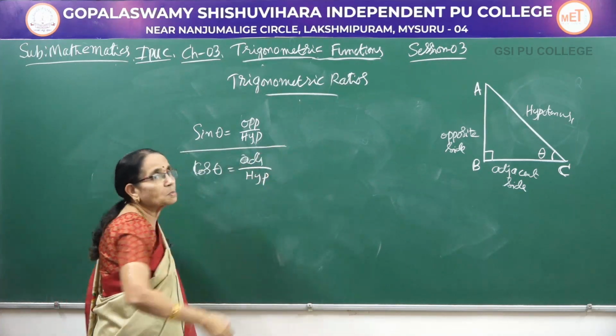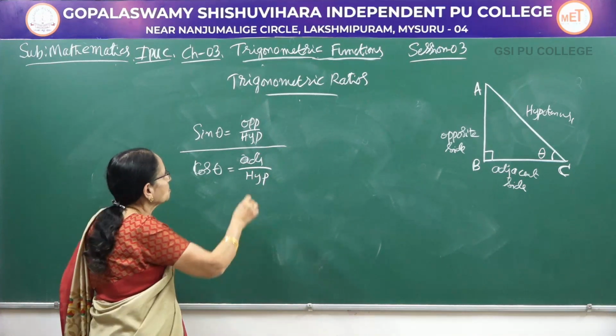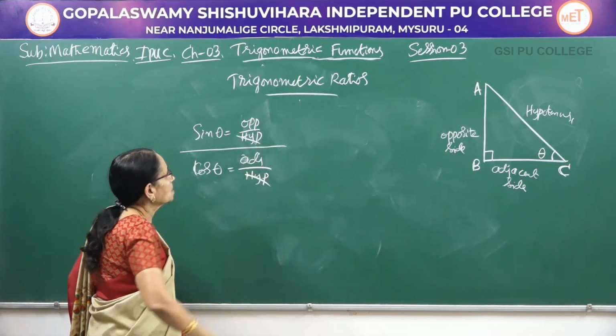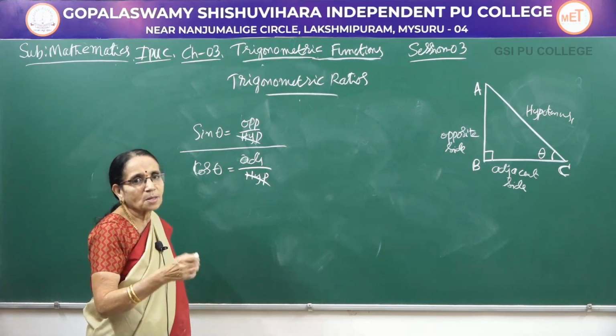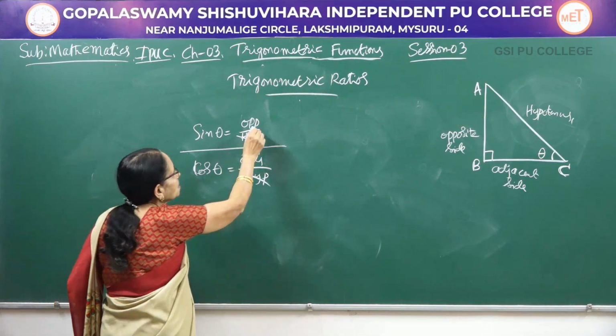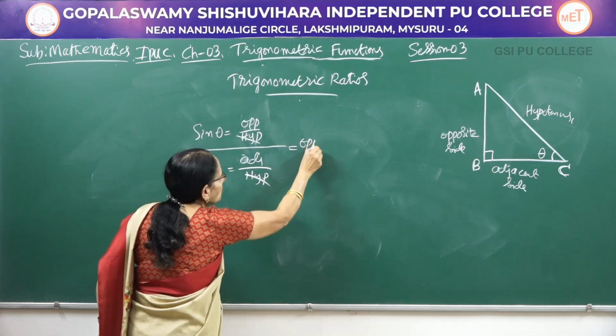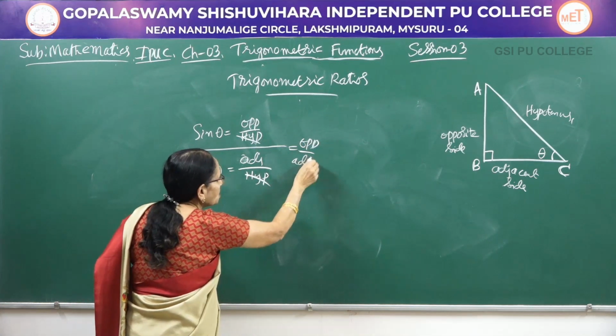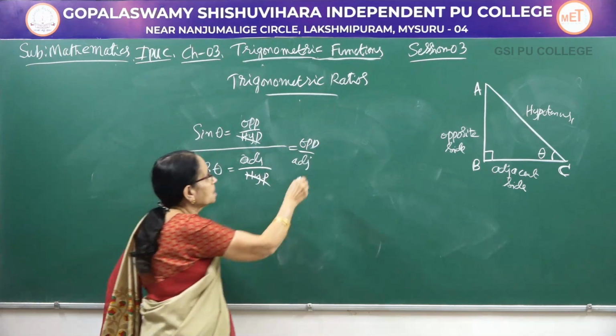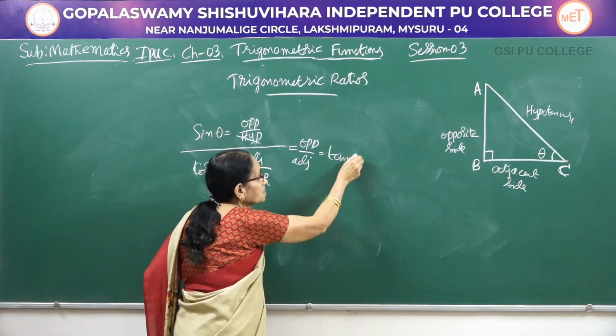Suppose you divide one by the other. If you divide one by the other, you can see hypotenuse, hypotenuse, they get cancelled. What is remaining? It is opposite over adjacent side. And what is this one? It is nothing but tan theta, isn't it?